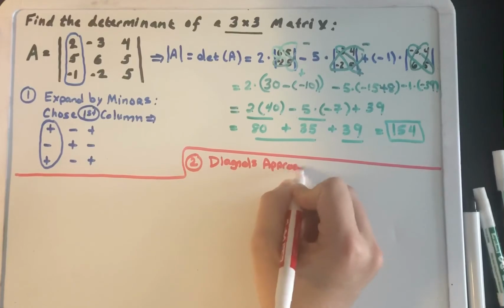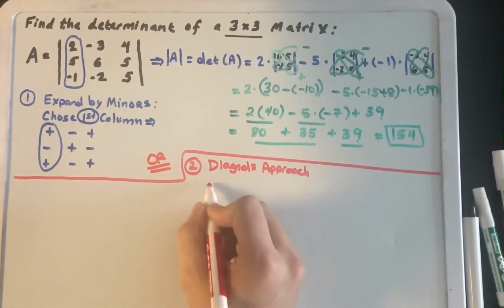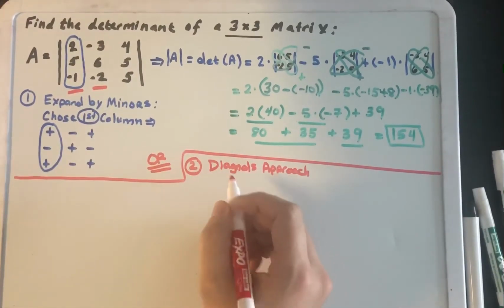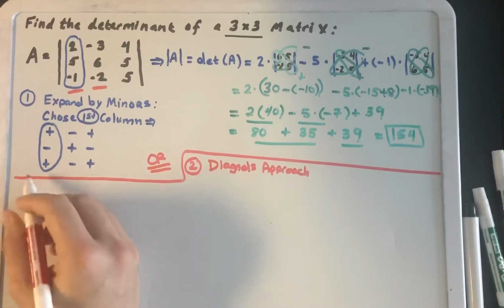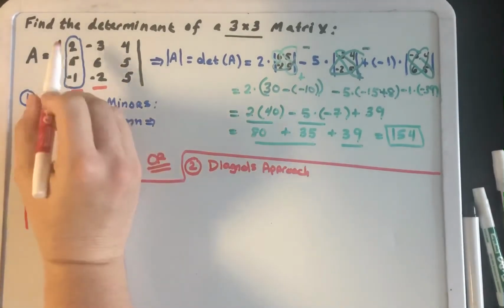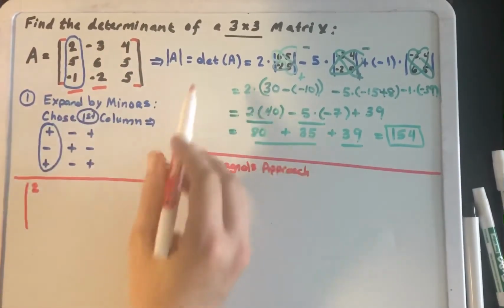And the first thing you would want to do is copy and paste those first 2 columns to the right of the determinant. So for example here, you would take your original 2, I should have actually been more clear, A was actually a matrix, like that, okay. And then it became that, okay.